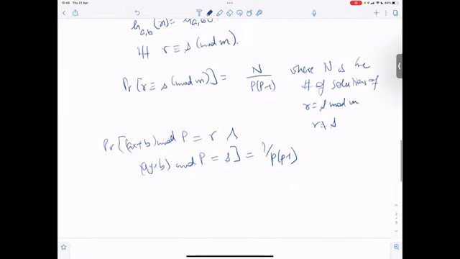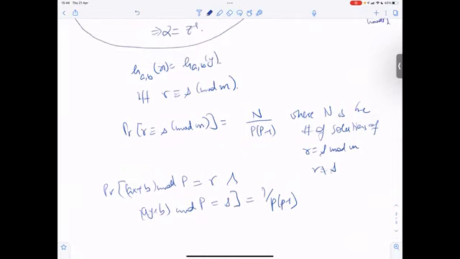So now, what are bad values for R and S? The ones that lie in this set: the number of solutions of R equal to S modulo M. And there are N of them, correct?